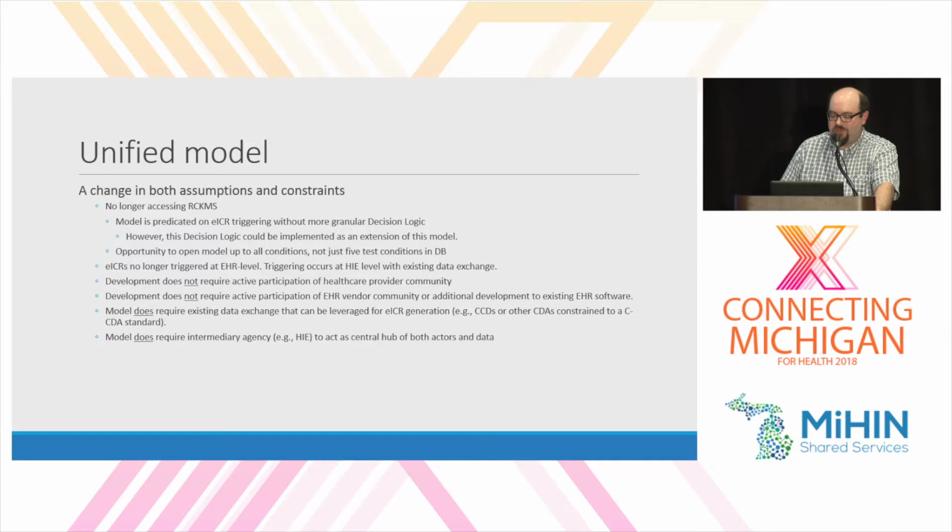So development doesn't require active participation from the health provider at this point. We could say, you guys are sending these already. Would you like to have MiHIN look at them and send reports to public health? It would really help them out, and it would serve as a reporting requirement that already exists in public health code.